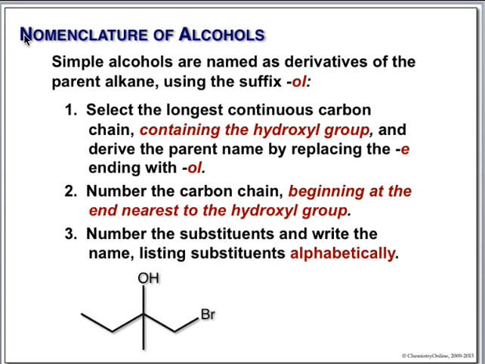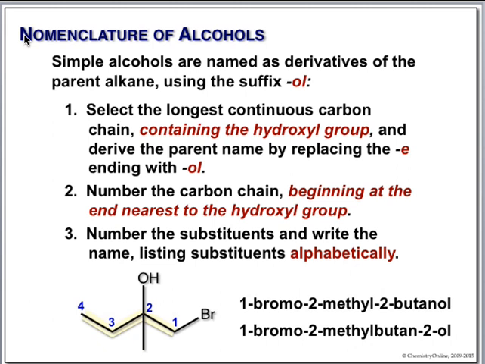Once again, we have a parent chain that's going to look like this. We're going to have a bromine here in carbon 1, alcohol in carbon 2, and a methyl group. We would name this guy 1-bromo-2-methyl-2-butanol, or we can move the 2, like I said, from before the but and stick it down here before the ol.